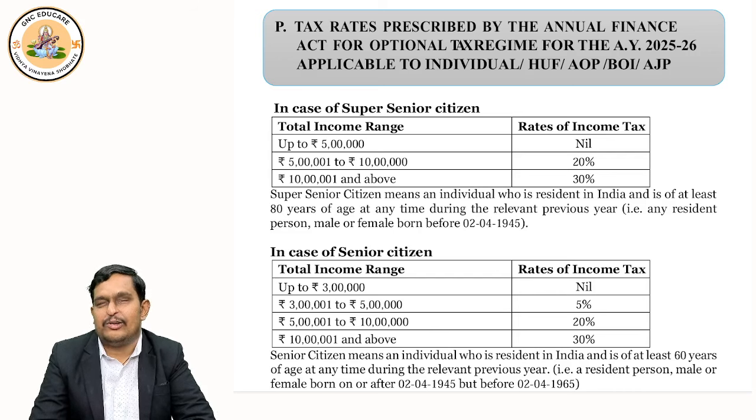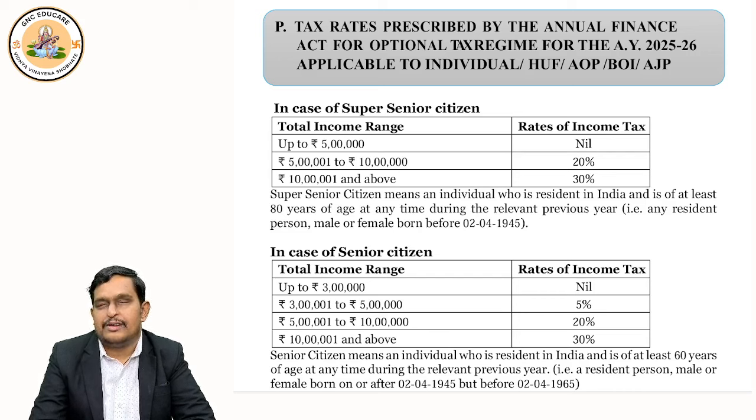Correct. Now his income is not 10 lakhs, his income is 12 lakhs. So from 10 lakhs to 12 lakhs, what is the rate applicable? 30% rate. So tell me, 2 lakhs into 30%, how much should it be? 60,000 rupees.